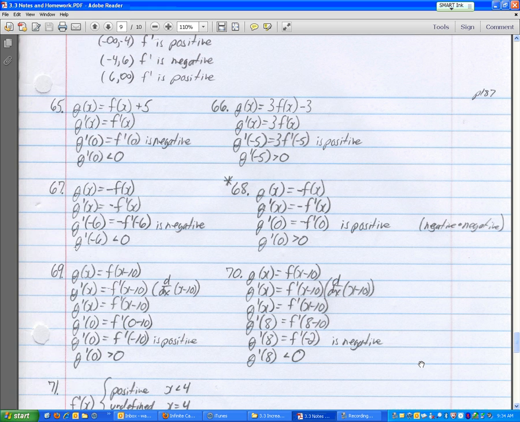Where are you at? From here to here? Yeah, the derivative of that's 1. Derivative of x is 1. Derivative of negative 10 is 0. So times 1, you don't see it anymore. All right, we good on these? Yeah. All right, what else do you want to see from yesterday? Which one?